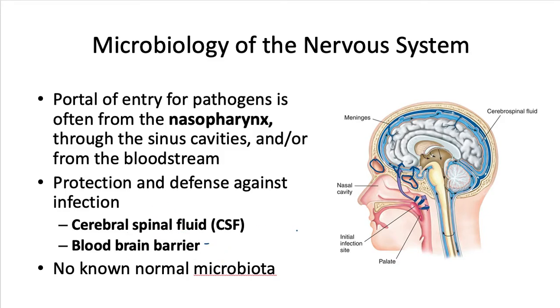The cerebral spinal fluid provides cushion and protection and an extra layer of a barrier between the brain and spinal cord and the bloodstream. And then the blood-brain barrier refers to the lowered or reduced permeability of the blood vessels that enter the brain. So usually the only thing that will go through those blood vessels will be glucose and oxygen, and that is it. And that's what the brain needs.